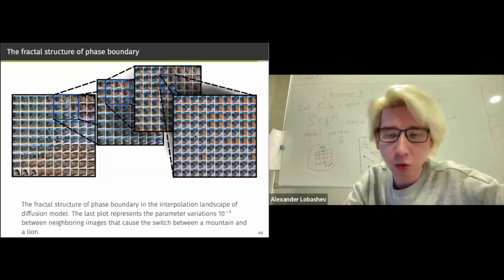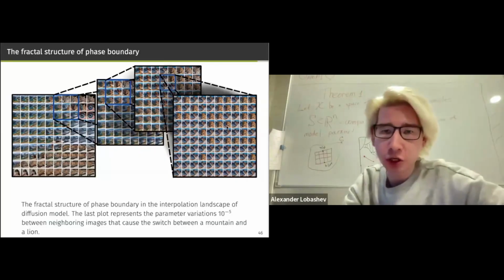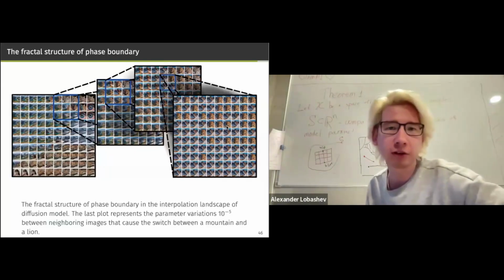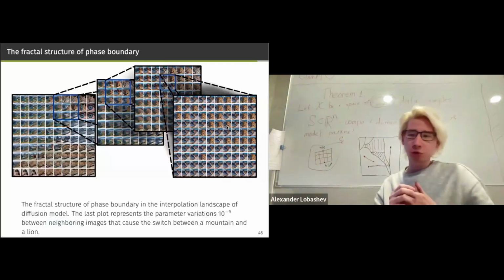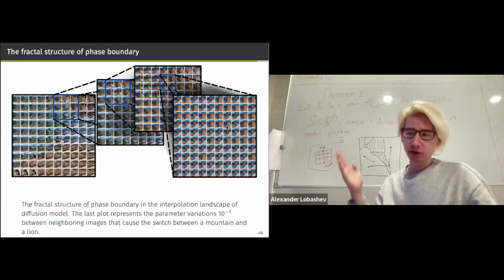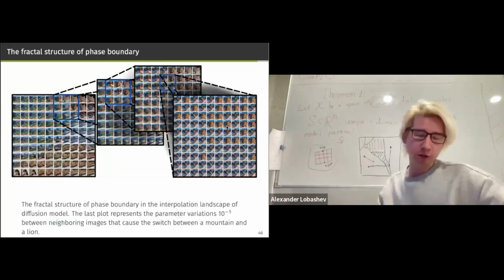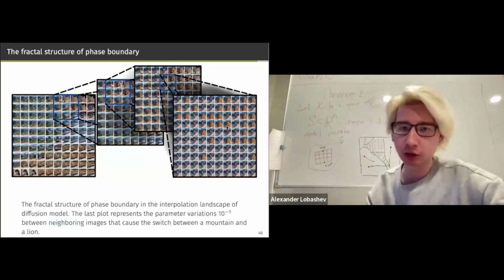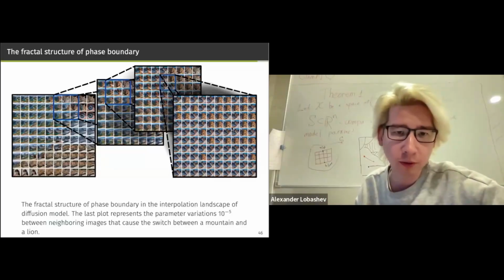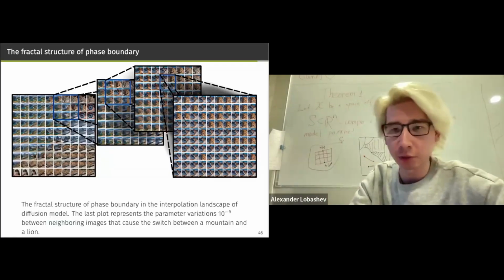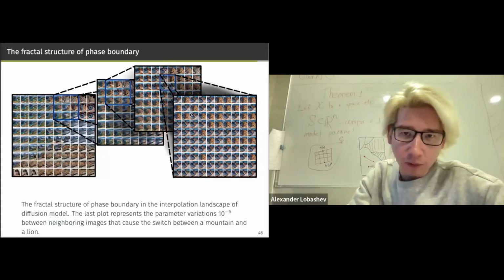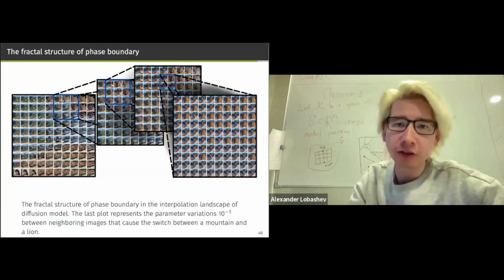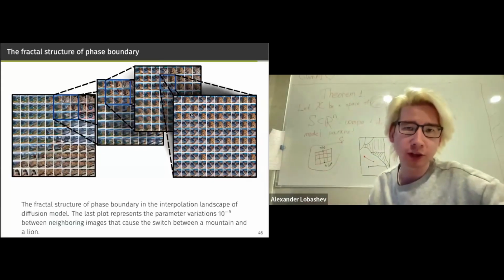And this is quite interesting behavior, which is different from what is observed, for example, in classical statistical physics models. For example, in the Ising model, the boundary between phases is just a straight line, which ends at a second order phase transition point at critical temperature. But in diffusion models, the generation is very sensitive to small changes in this latent space.